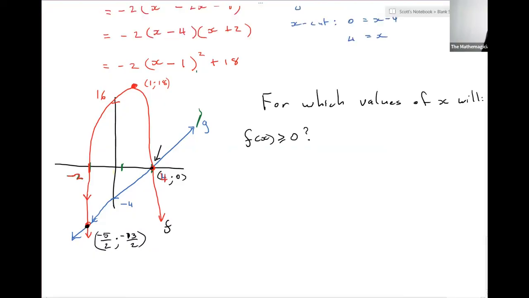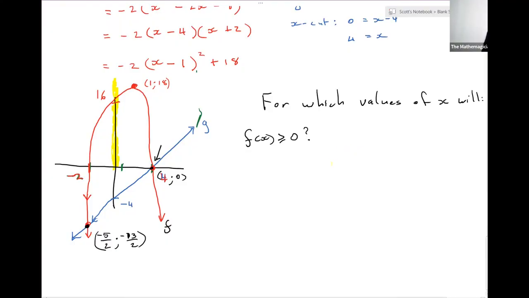Okay. Well, if this is now the y-axis, then it stands to reason that these are all the positive y values. Great, right? So y is positive anywhere above the x-axis. So I've found now where y is positive. That's the positive y values. Now, where is the parabola having those positive values?